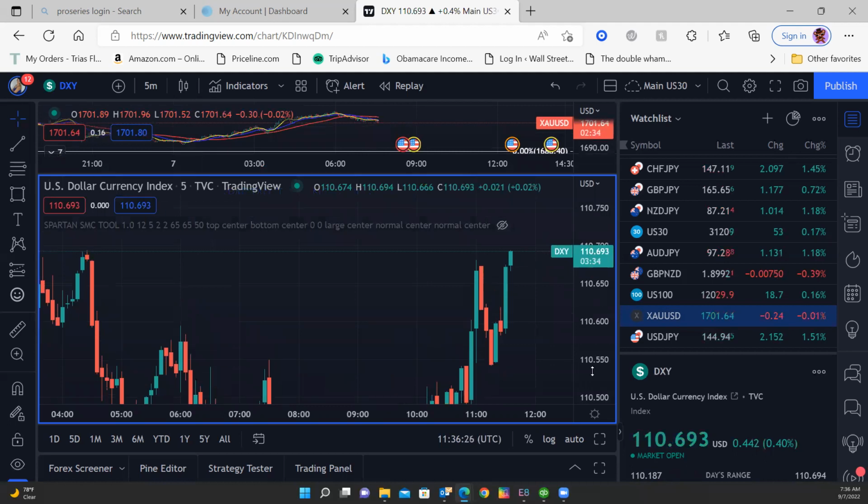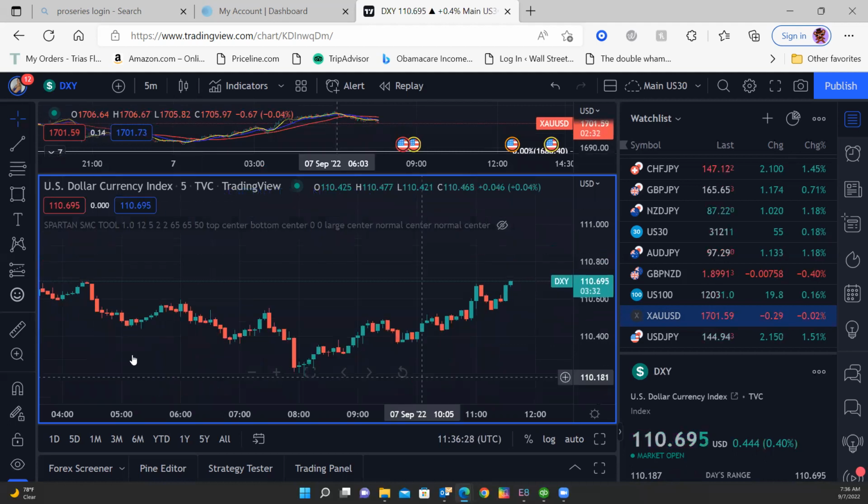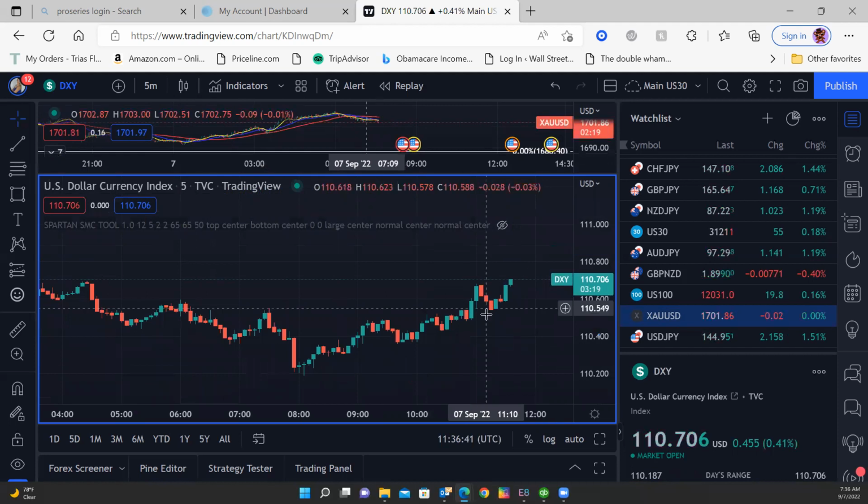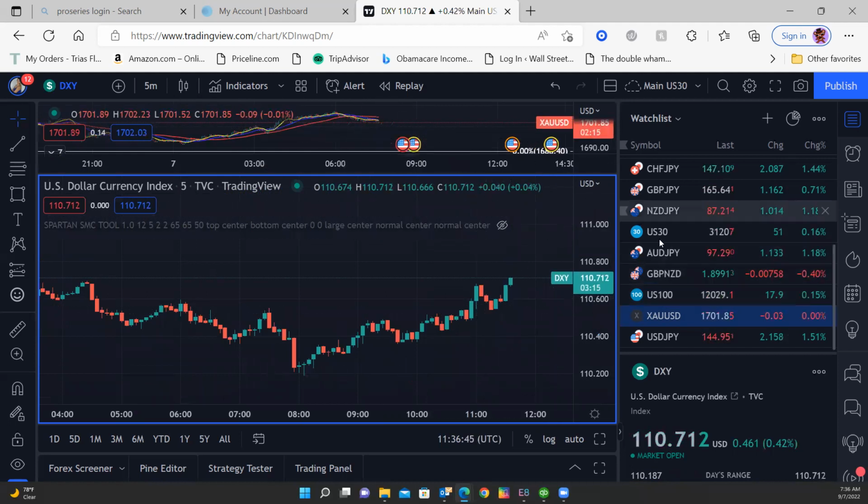The dollar has been one big bully, which, if the dollar goes up significantly, our economy goes down. Why? Because the dollar is getting stronger. If they push a news with inflation, this dollar is going to continue to go stronger. So gold and US30 for the most part will go down.